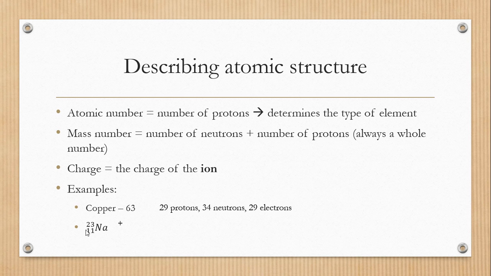I'm going to have 10 electrons in this case. 10 electrons and 11 protons will leave me with a +1 charge overall, where the protons are winning out. And that's why we get this charge. So boom, 11 protons, 12 neutrons, 10 electrons.